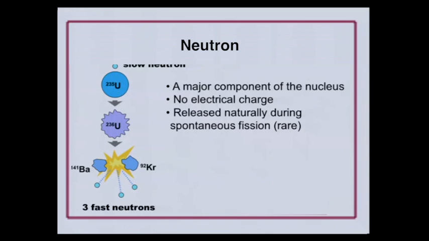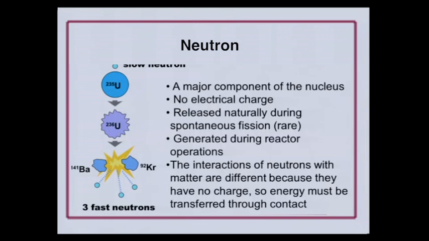It can be released spontaneously, which is rare, although there have been some natural isotopes that do emit neutron radiation. But by and large, it's generated either through isotope production or a power reaction, such as a fission reaction causing these fast neutrons.